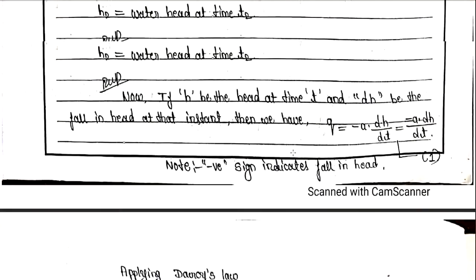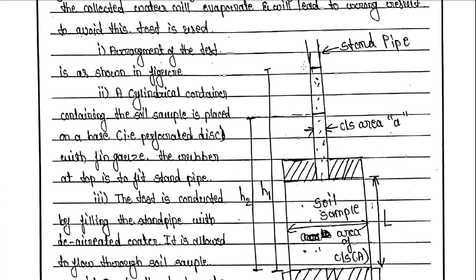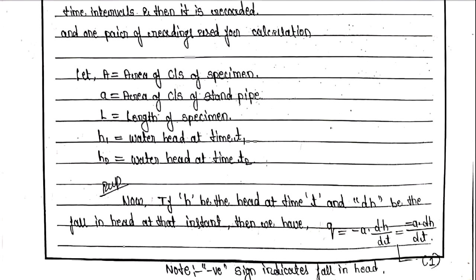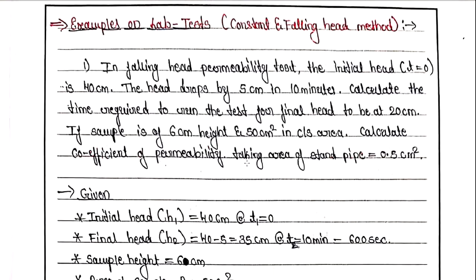What they are saying is they have allowed the water to pass through the soil sample. Initial head H1 was 40 centimeter at t equal to 0. After 10 minutes, the head dropped by 5 centimeter. So the difference between H1 and H2 is 5 centimeter; if H1 is 40, H2 will be 35. To help you understand better, I have shown the figure.